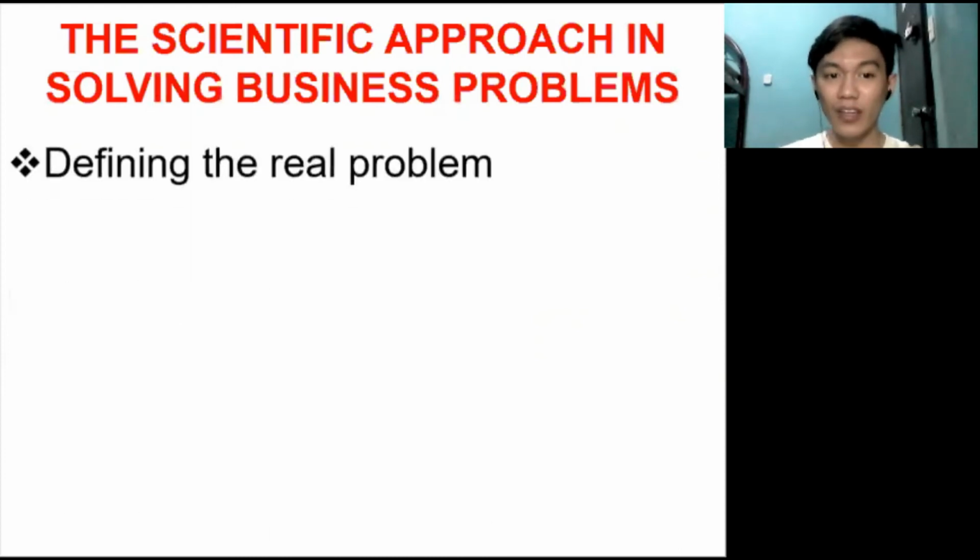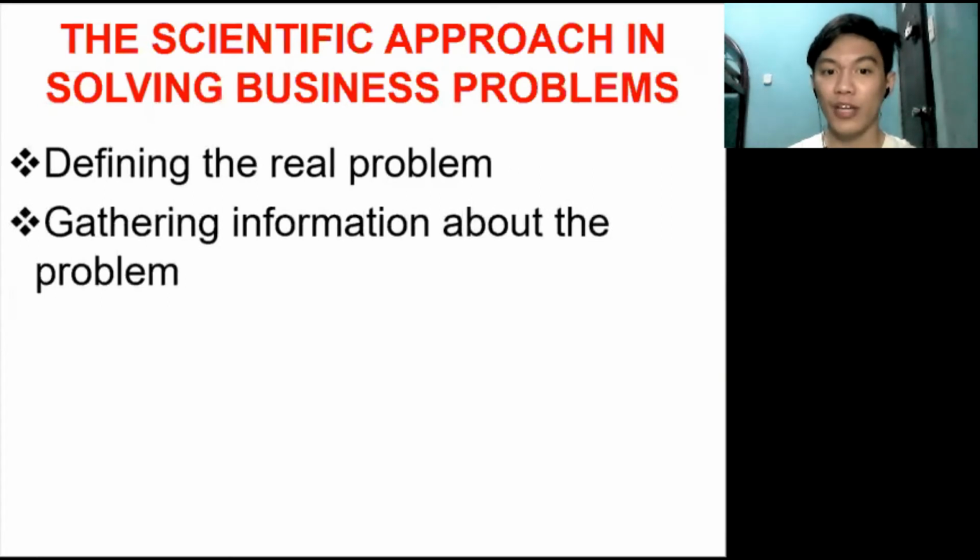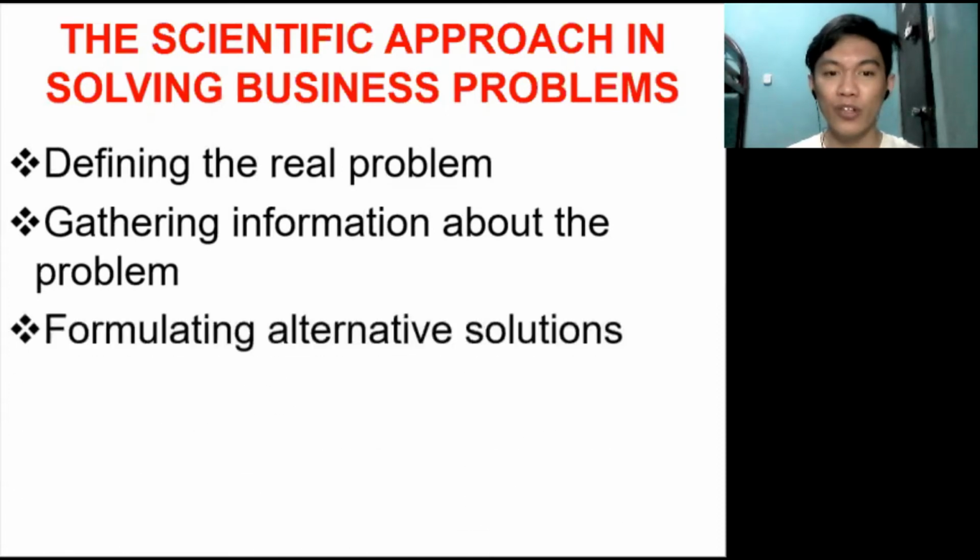First, you need to define the real problem. Alamin mo muna kung ano yung talagang problema ng inyong business. Next one, you need to gather the information about the problem. Kung alam mo na yung totoong problema, you need to what? You need to gather information. Kailangan mo na siyang imbestigahan. Next one, you need to formulate alternative solutions. Siyempre, you need to formulate different solutions on how to deal with that kind of problem.